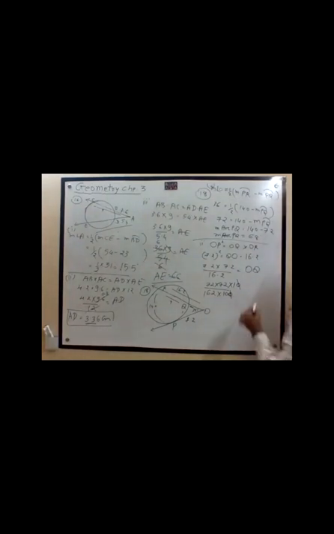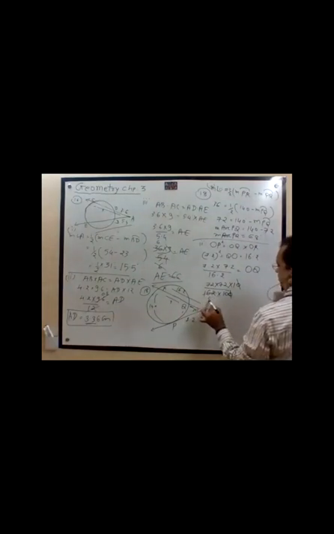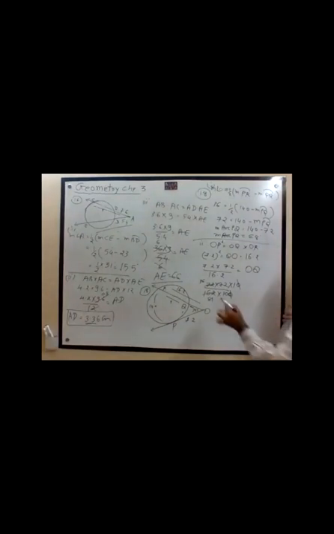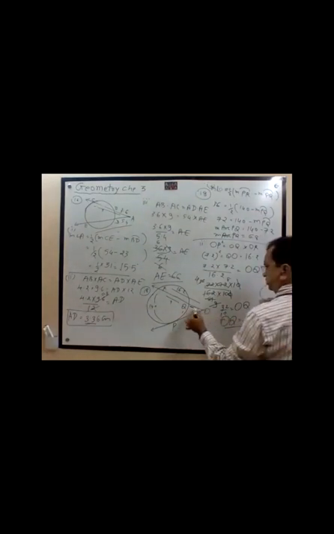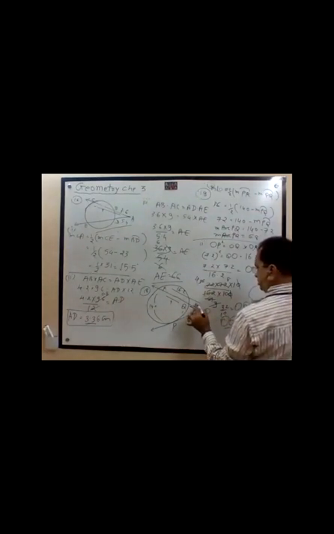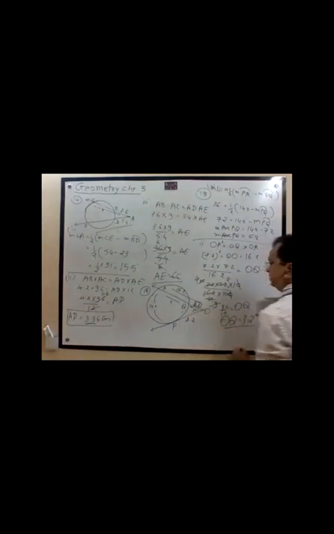Correct. Just make it half. 81. Just make it half. With 9, 9 fours are 36, 9 nines are 81, 8 fours are 32 by 10. So OQ is 3.2.